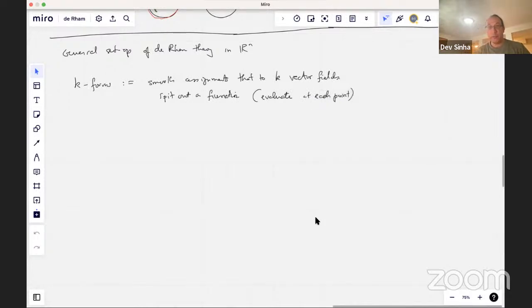And the evaluation is smooth when the vector fields that you feed it are smooth.